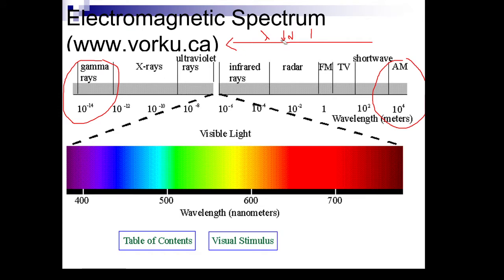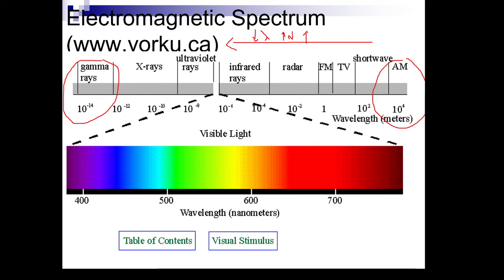Okay, let's erase these arrows. As I move in this way, my wavelength is decreasing. It's getting smaller. It's going from 10 to the 4th to 10 to the minus 15th. Therefore, my frequency is increasing.